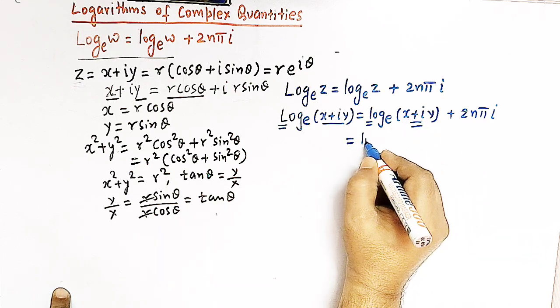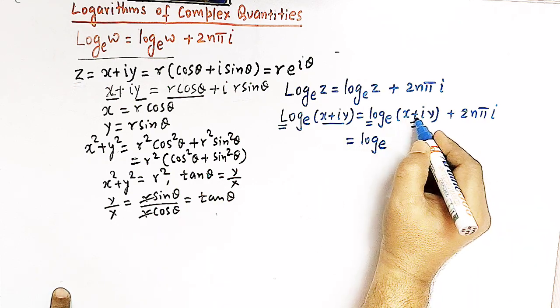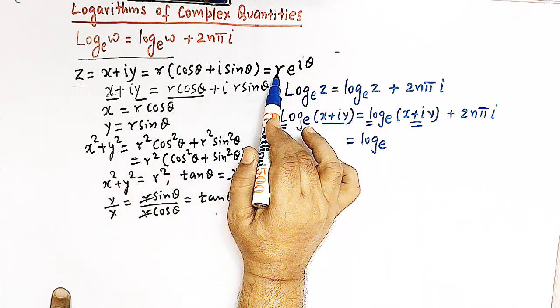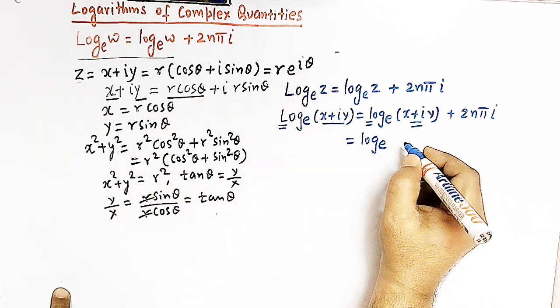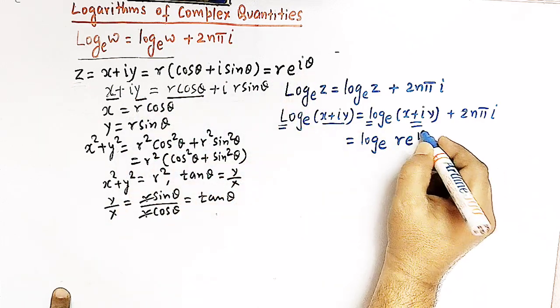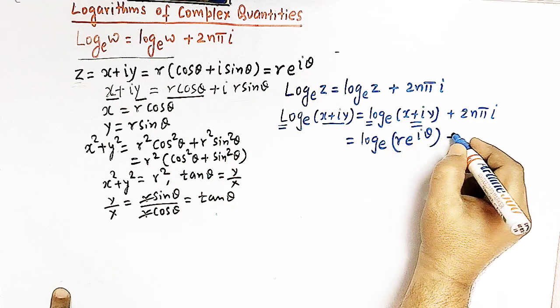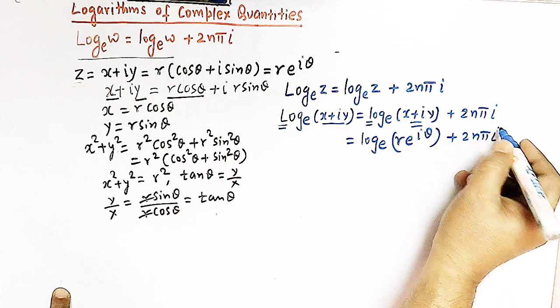So now we can replace x plus iy by r e raised to i theta. So here we have log of r e raised to i theta, plus 2n pi i.